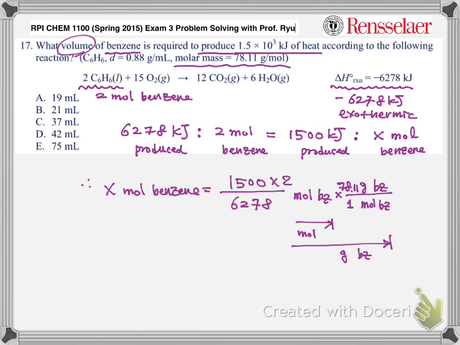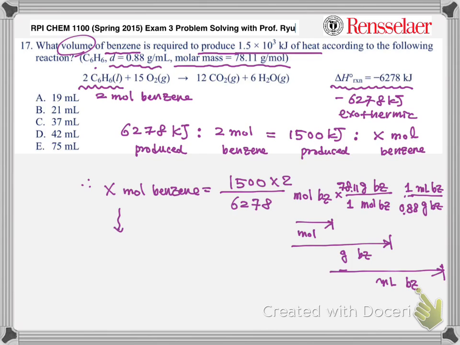So I need to change this gram into milliliters of benzene, which is using the density. So up to here I have a gram. So gram should go down. Gram benzene and milliliter benzene, and that's shown up here, right? So 1 milliliter will weigh 0.88. Okay, so just getting down to the numbers now.